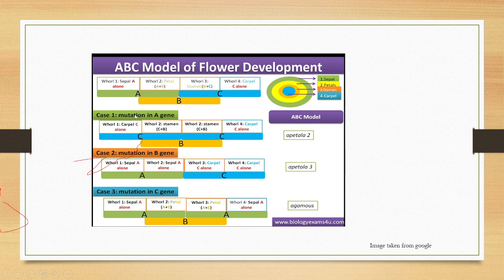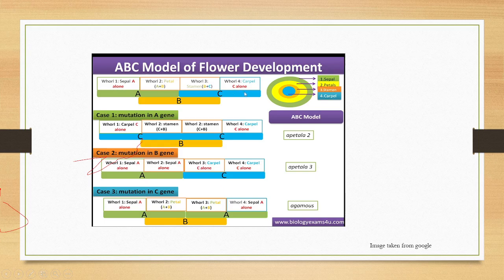So these three mutation case studies are important. This whole figure is very important. You need to learn and understand the concept of how these A, B, C genes, A plus B, B plus C, and C work, and how they control the floral organization of a plant in a way that sepal is outside and carpel is inside.